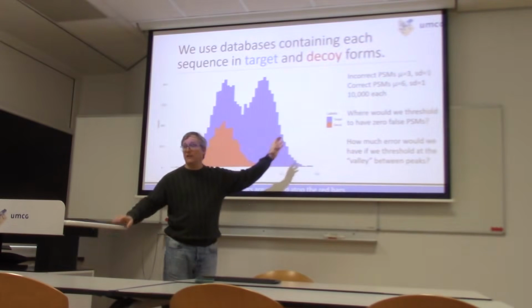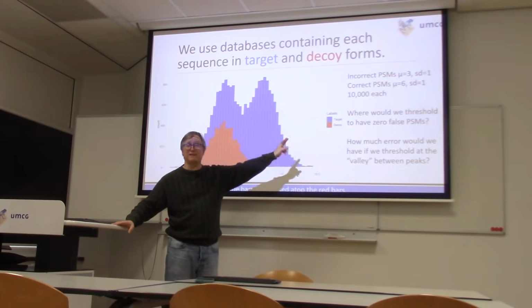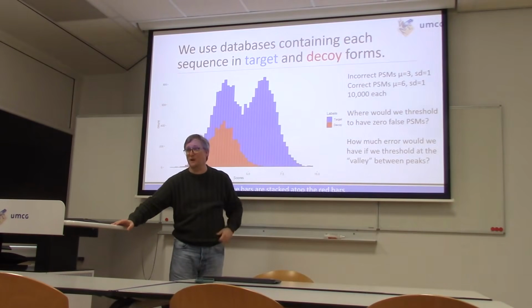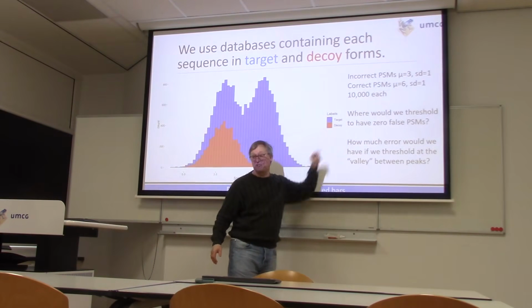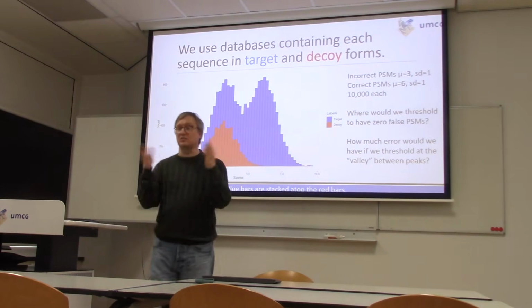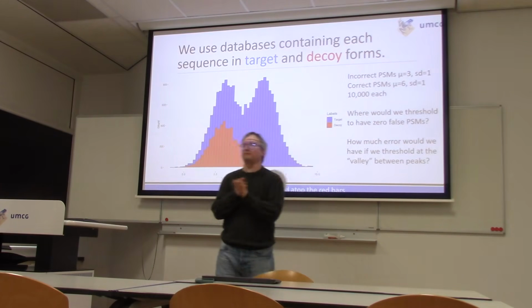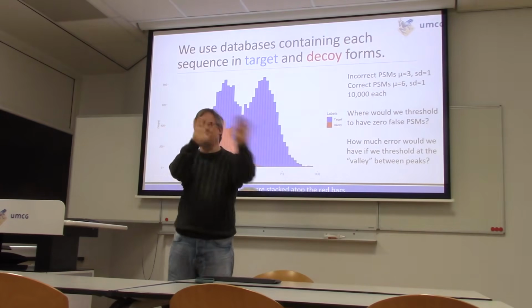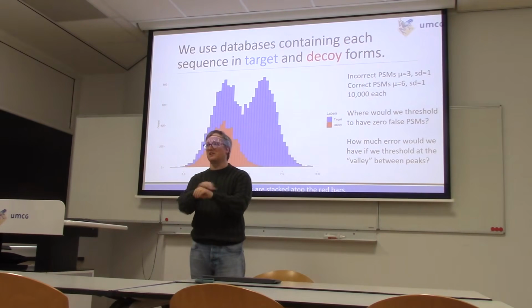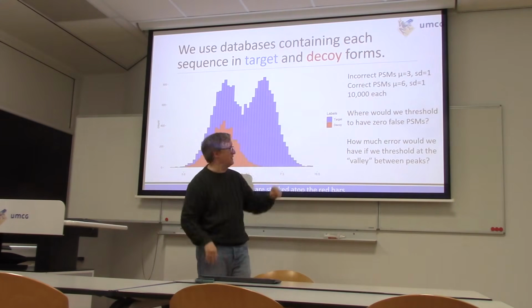Now I said that there were 10,000 correctly identified spectra and 10,000 incorrectly identified spectra. I'm using a target-decoy method to evaluate whether these scores are good or not. Now, this is very, very commonly used in proteomics. This is not just part of Dave's imagination. This is something used almost everywhere in database search.